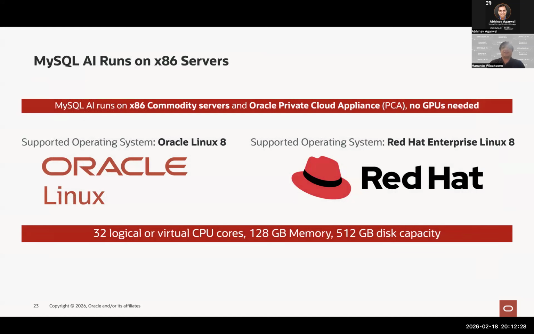Okay, MySQL AI runs on x86 servers, so it can run on any commodity server based on x86 architecture. It can also run on Oracle hardware such as Oracle Private Cloud Appliance, or PCA. It runs on top of CPU, so no GPU is needed. You can run it on bare metal or VMs running Oracle Linux 8 or Red Hat Enterprise Linux 8.